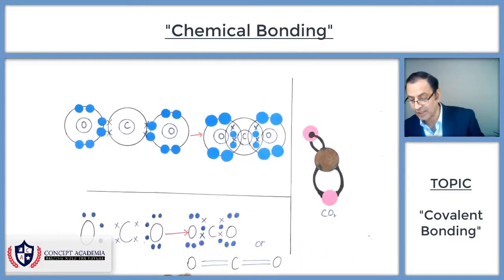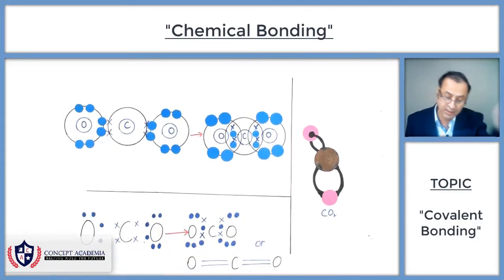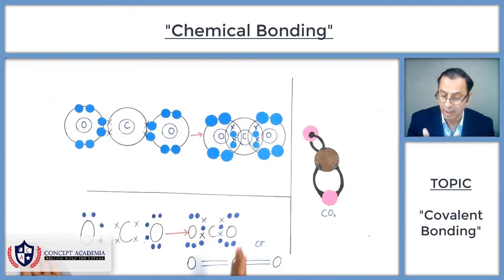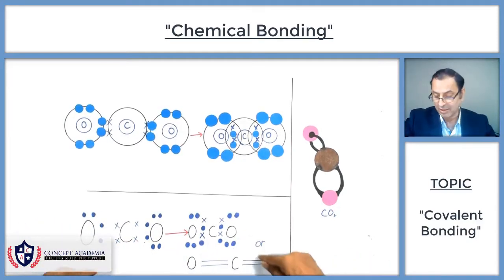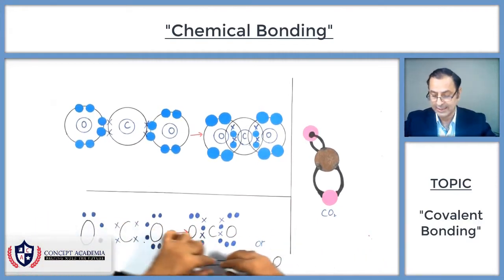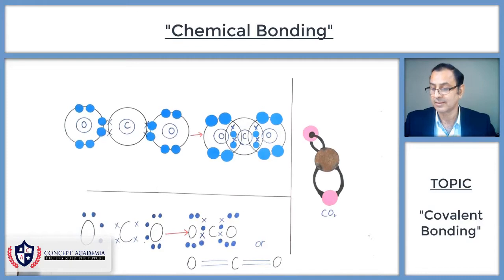One oxygen will go on one side of the carbon and the second oxygen will go on the other side, with the carbon in the middle. In this way the bond angle is 180 degrees, and this is a linear structure.